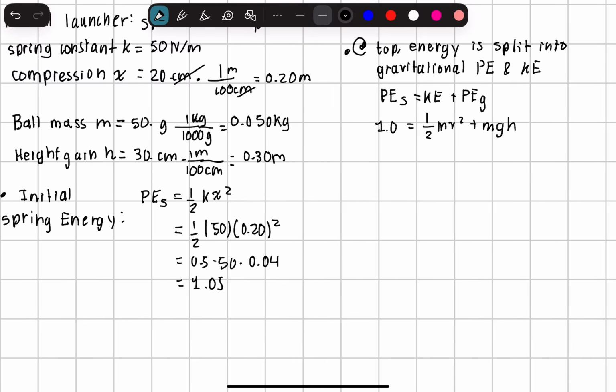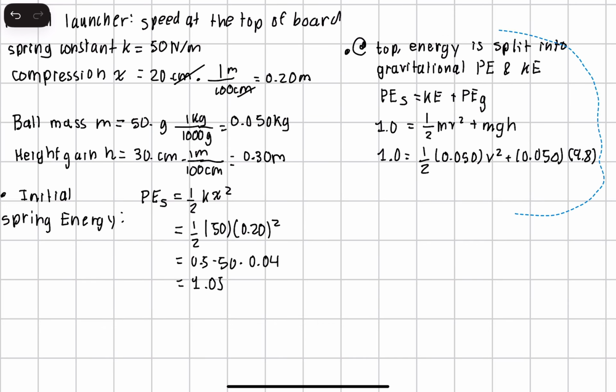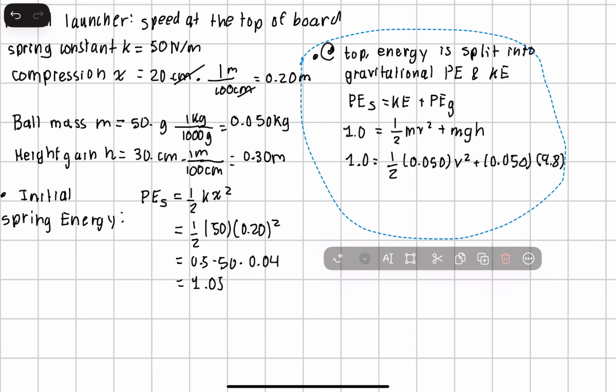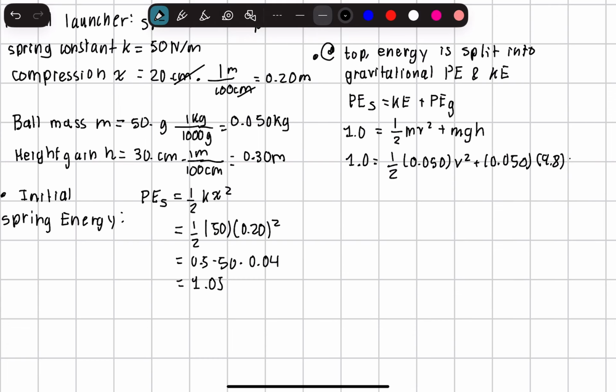So now subbing in all of our values, we have 1.0 is equal to 1/2 times 0.050 v squared plus 0.050 times 9.8 times 0.30. Okay, I ran out of room, let me move this over a little bit. Now let's simplify this down.